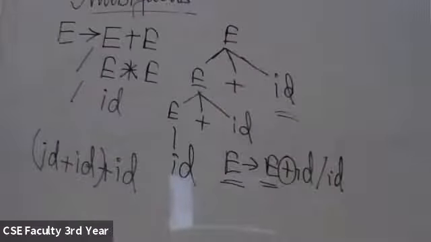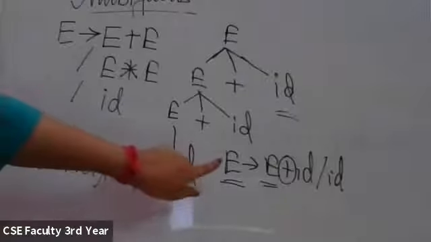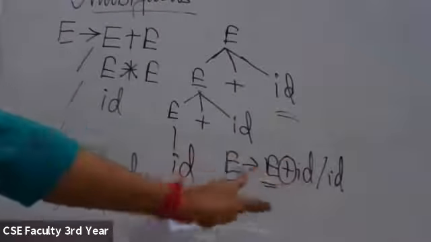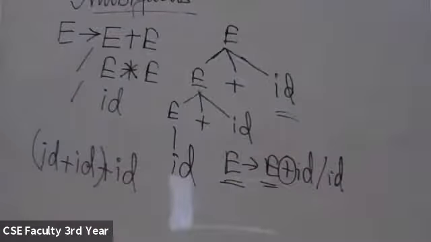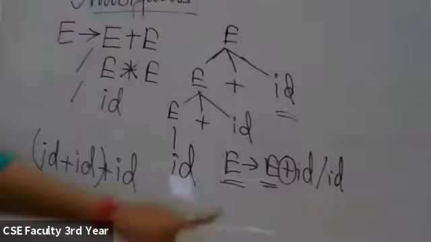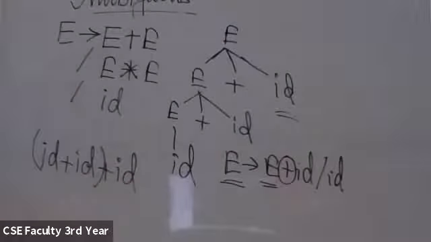And how to understand that this grammar is left recursive? I told you that this variable E will be present in the left hand side of the operator, not in the right hand side. If it is present in the right hand side, that means this grammar is right associative. That you have to keep in your mind.